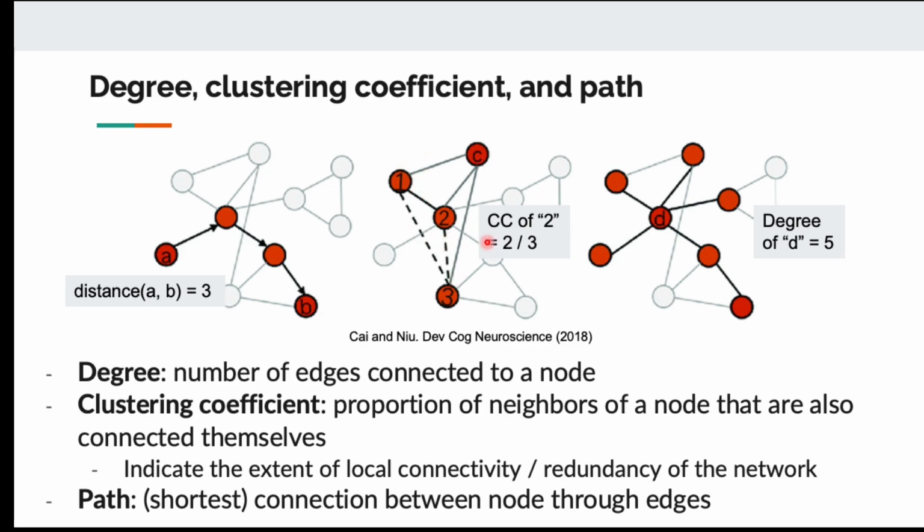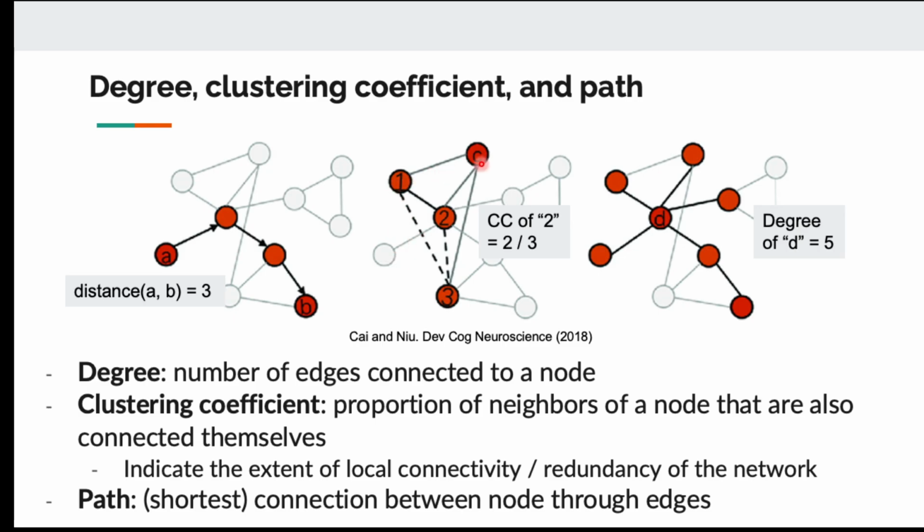And what we want to ask is how many edges there are among the neighbors of node number 2, between 1, 3, and 3. Let's say we assume there is no edge between 1 and 3, the dashed line. So we have 1 and 3 being connected, 3 and 3 being connected, but not 1 and 3. So we have 2 edges.